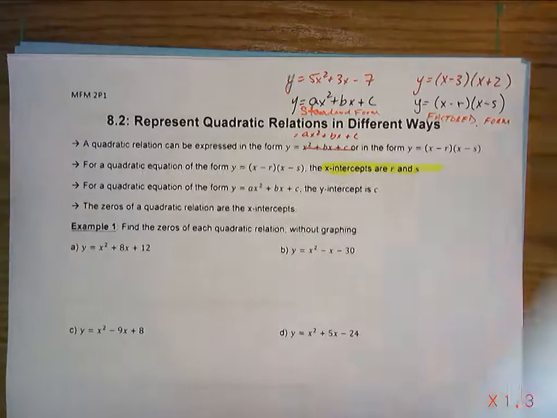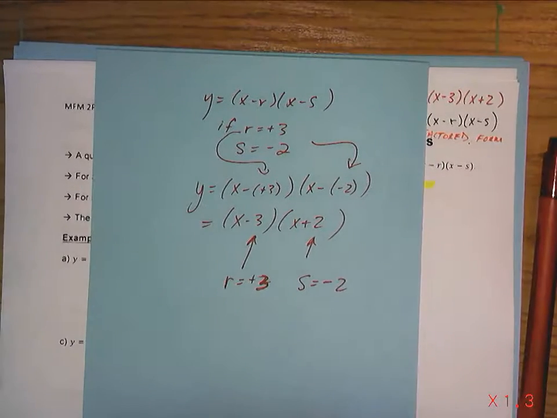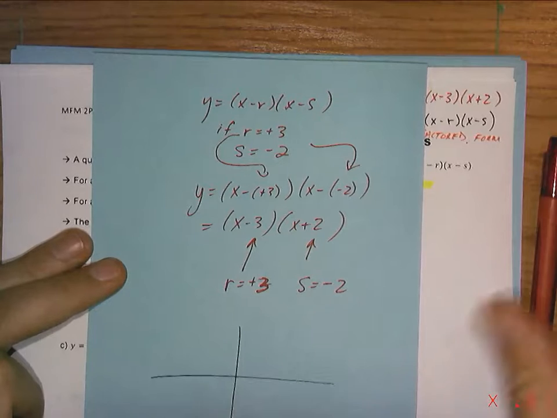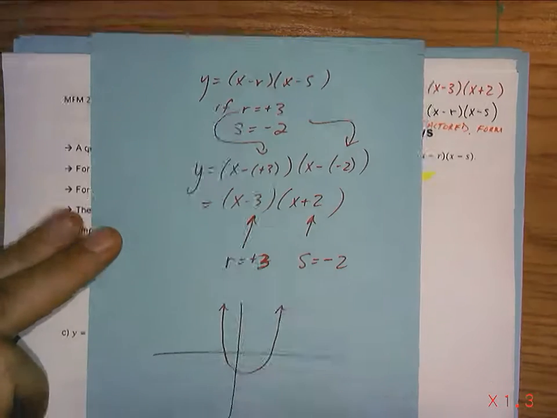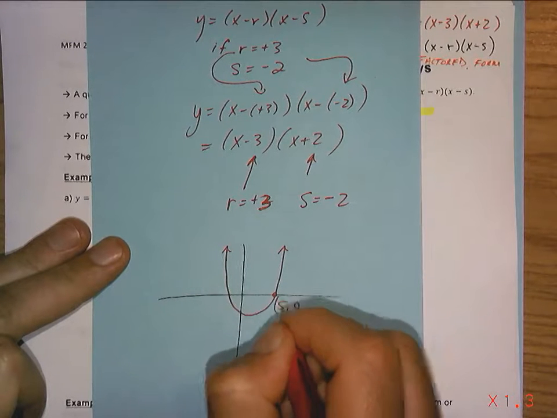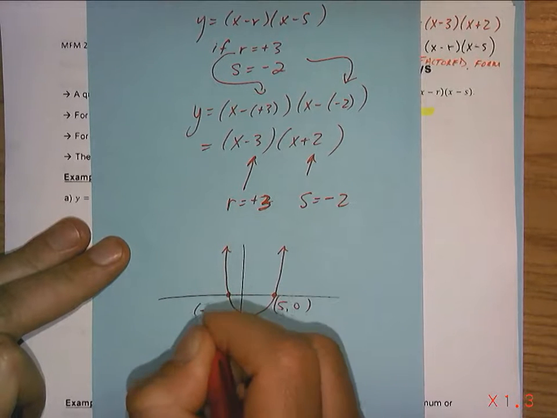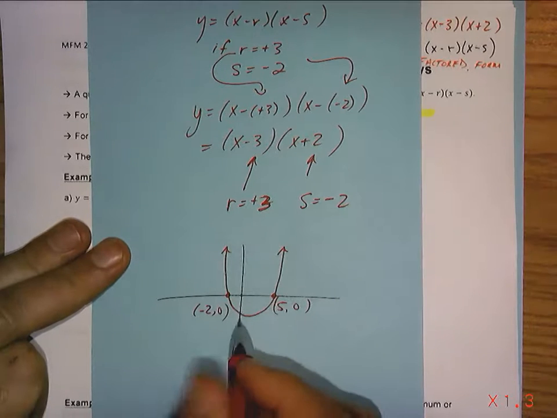What that means is that if I have a quadratic and it looks something like this, its x-intercepts, we could say maybe this is 5, 0, and maybe this one is negative 2, 0. These are the x-intercepts.